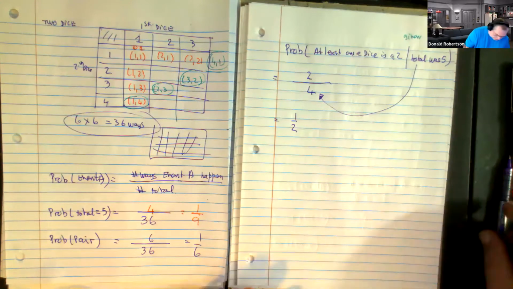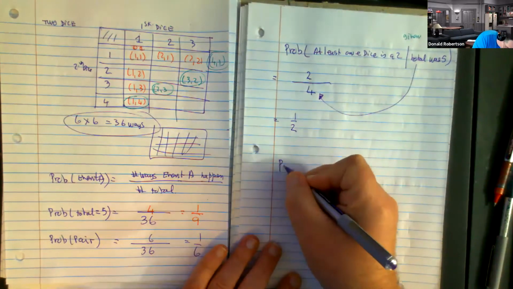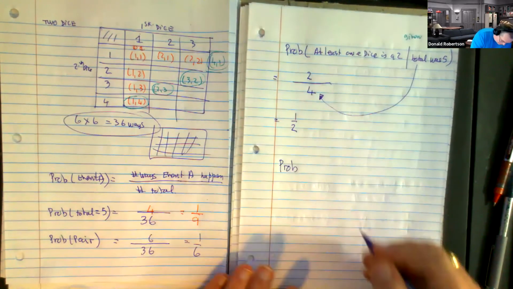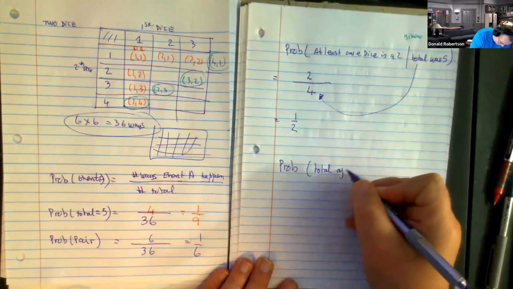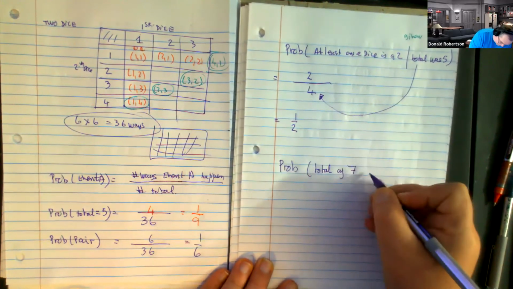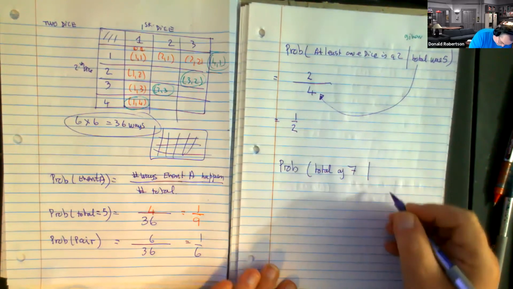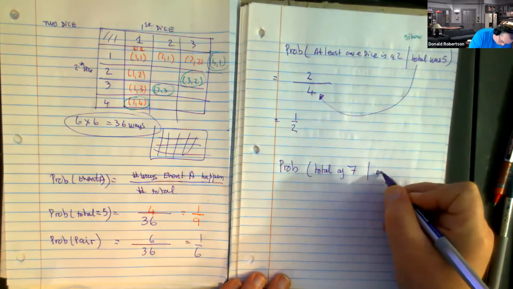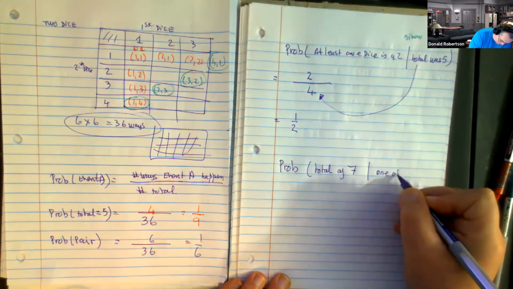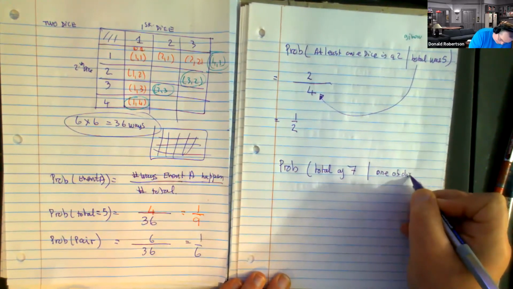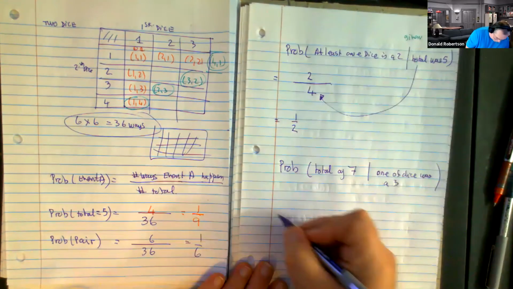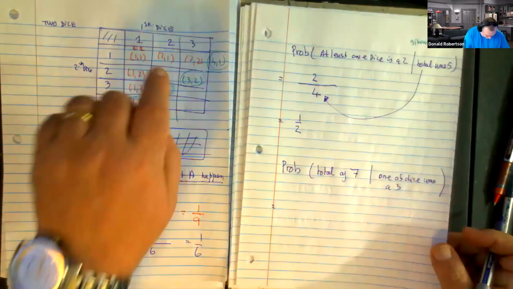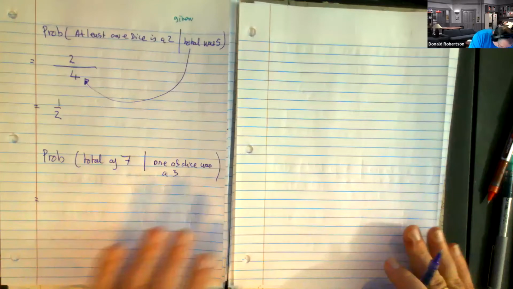Right, let's do another one. What's the probability that you get a total of 7 given one of the dice was a 3? Right, if I tell you one of the dice is 3, because I don't have that big 36 grid in front of me, I wish I knew that question was coming, I might have found one.